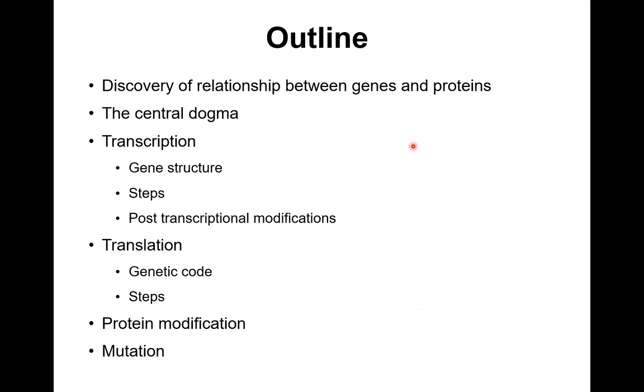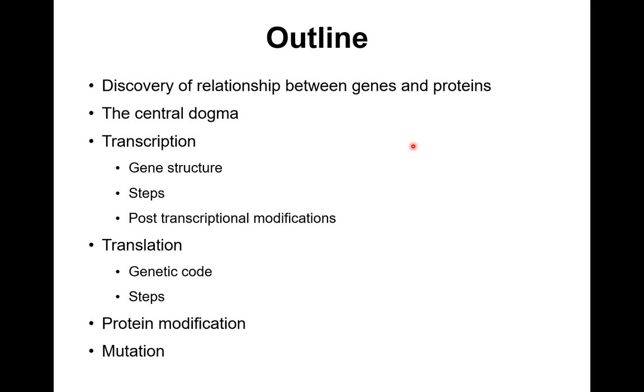So the different topics that we'll touch on here. First of all, we'll go through a couple of experiments showing how this connection between the genetic material and proteins was actually discovered at the end of the 1800s and in the first part of the 1900s. Then we'll talk about the concept of the central dogma, which basically summarizes what I just said, how the flow of information passes from the DNA to proteins.